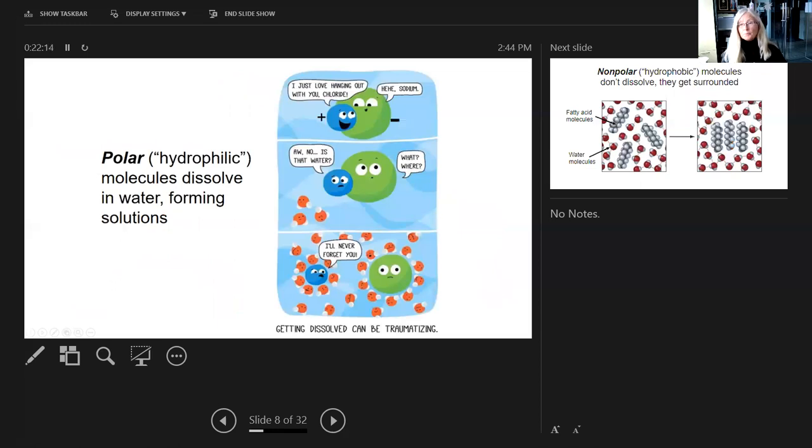First of all, because water is polar, water molecules will interact with other polar compounds. And by compounds, I'm talking about molecules, right? Something made of more than one atom, combinations of atoms. To be polar means you have two oppositely charged ends. So water has a positive and a negative.